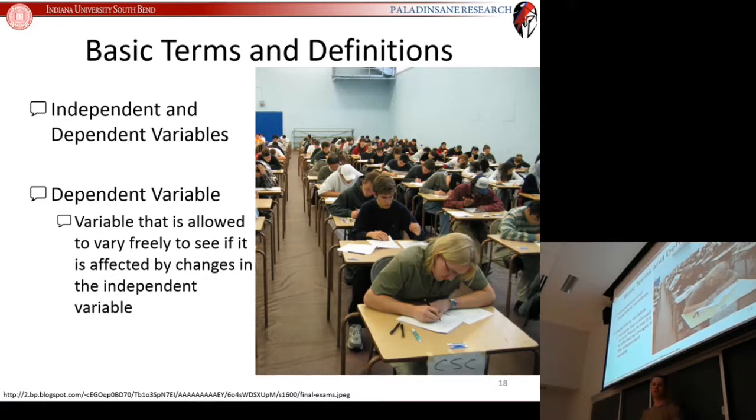However, the dependent variable, that's what we're looking at as the effect. That's what is dependent on how the subject does, and that's allowed to vary freely. So if I'm looking at the effects of time on exam performance, the individual's exam performance is dependent on them.